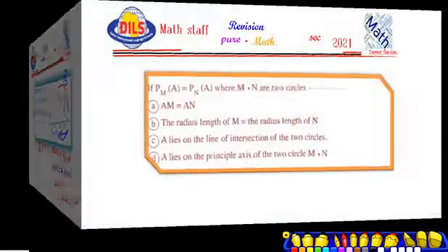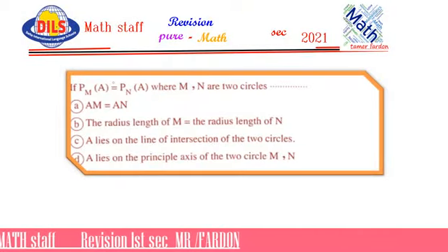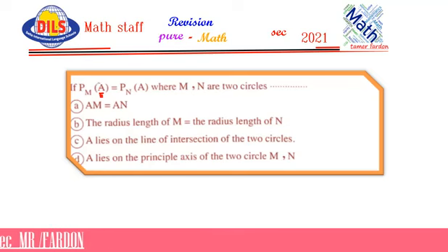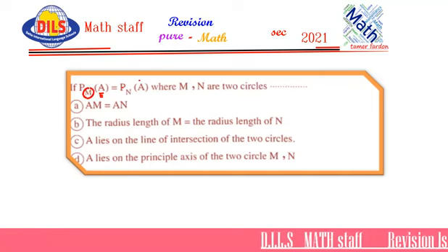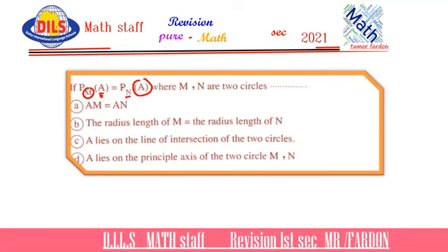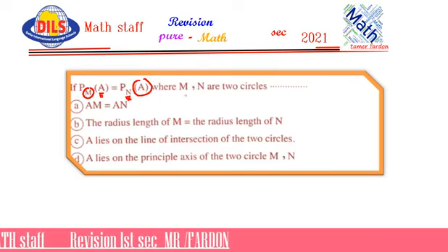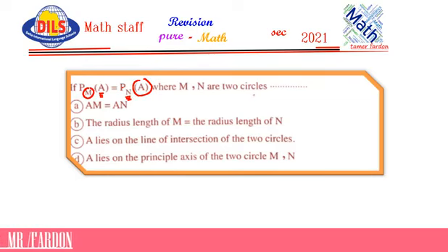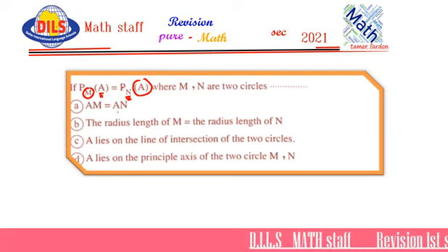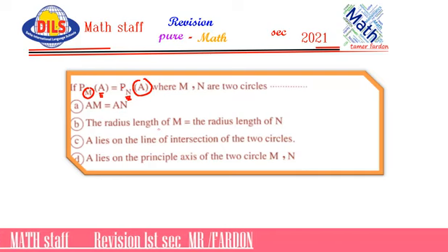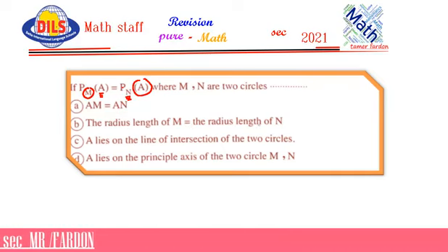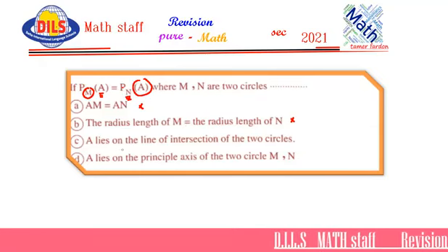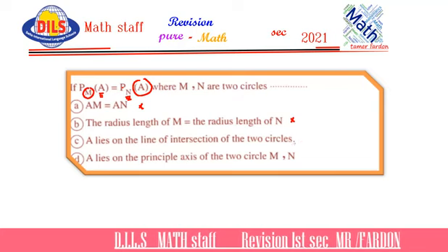Another exercise. If the power of the point A with respect to circle M equals the power of the point A with respect to circle N, where M and N are two circles, then AM equals AN? The radius length of M equals the radius length of N? No. A lies on the line of intersection of the two circles?